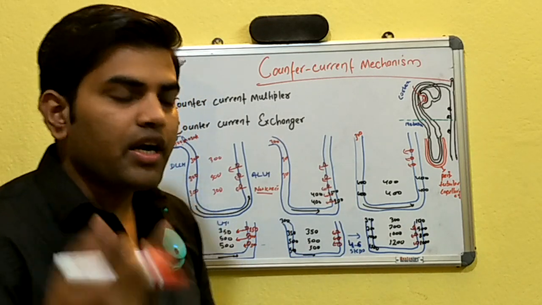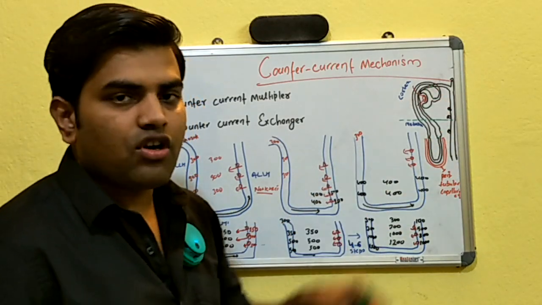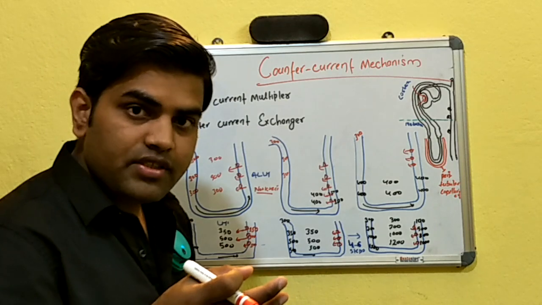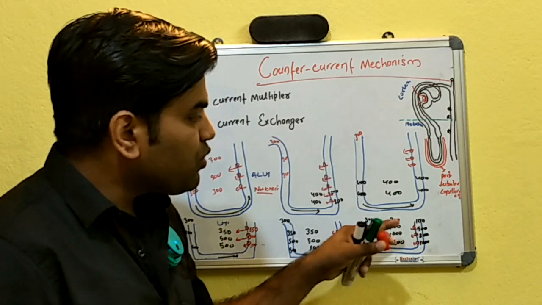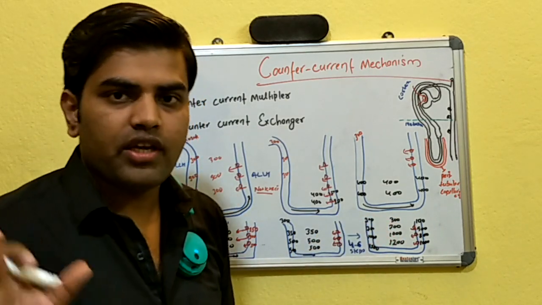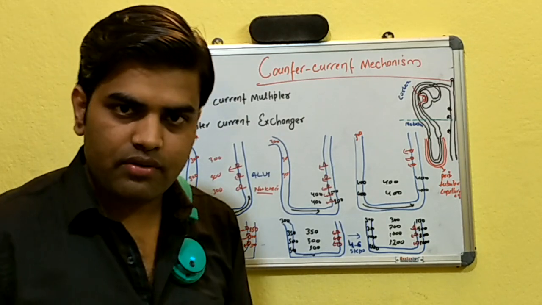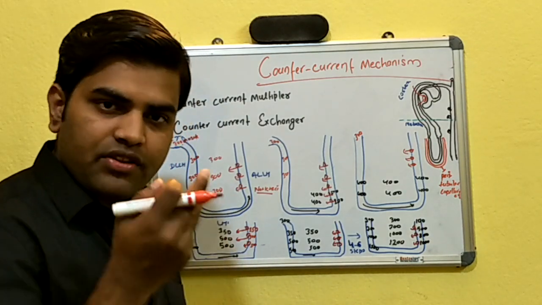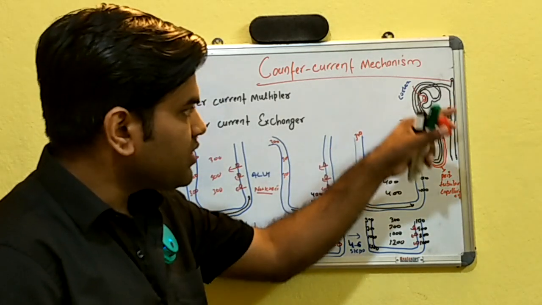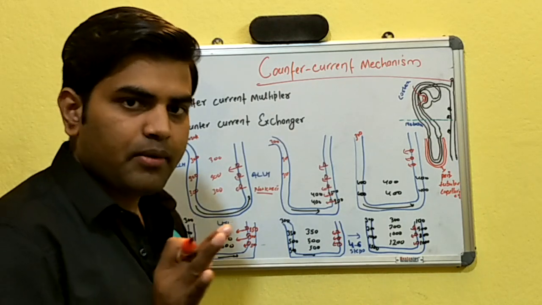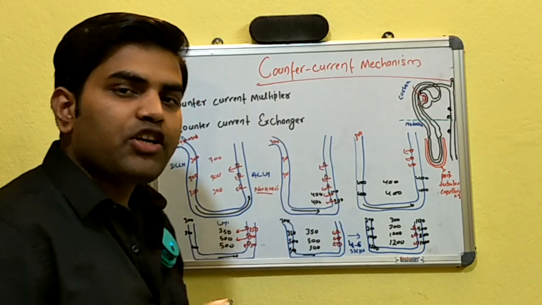This occurs in a condition when ADH is not secreted. If ADH is not released, or due to any problem, your urine will form hypotonic in nature. This is the mechanism of formation of hypotonic urine. Urine is formed by three mechanisms: glomerular filtration, tubular reabsorption and tubular secretion. These three play the key role.